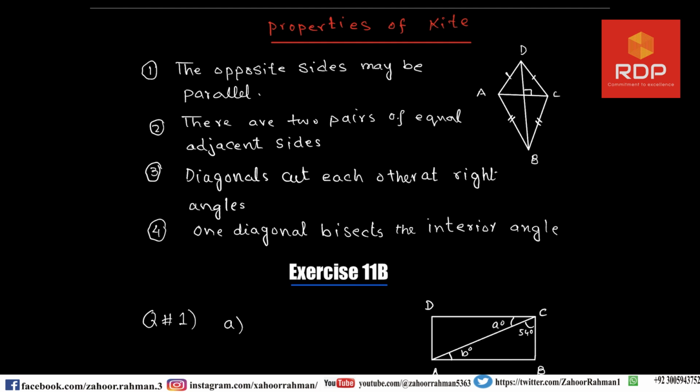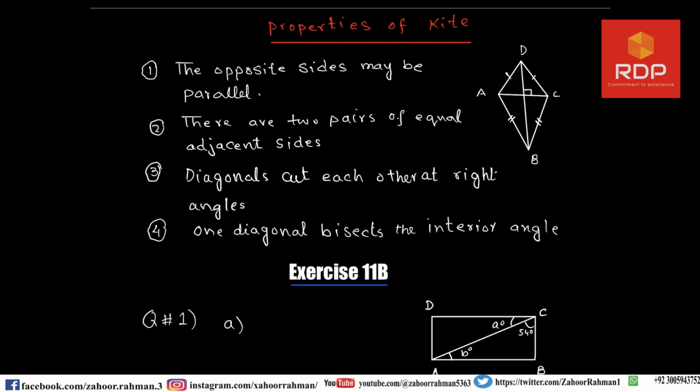So the first property of a kite is that opposite sides may be parallel. It means that this side may be parallel to this side, but it is not mandatory. In our case, they will be parallel, and this side will be parallel to this side, and that is what the first property of a kite is pointing to.